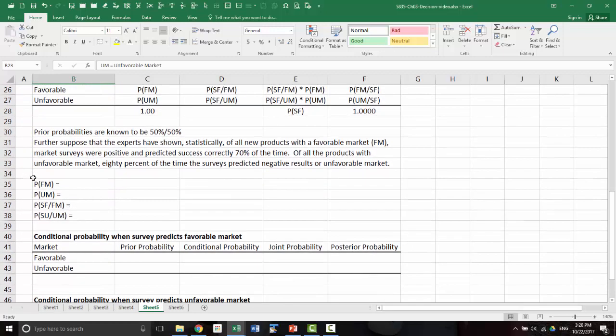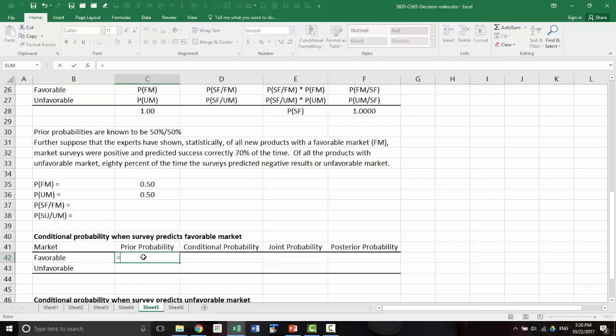So let's put this theory in example form. We start out with our initial probabilities, so 50-50, right? So that's 0.5 and that's 0.5. Now we have to come up with these conditional probabilities, and if we cannot come up with these conditional probabilities, then we cannot apply Bayes' theorem.